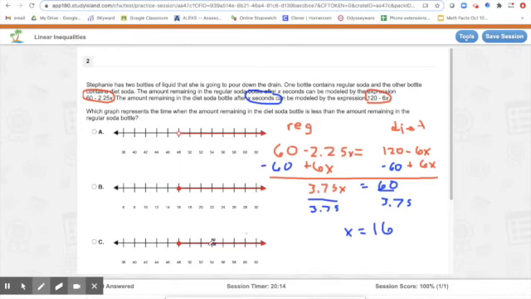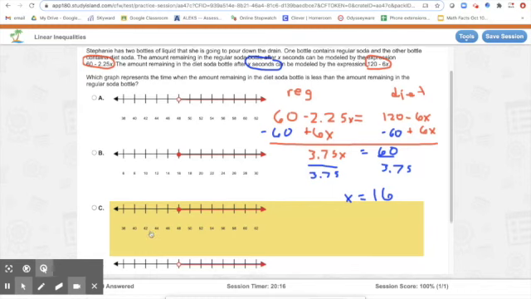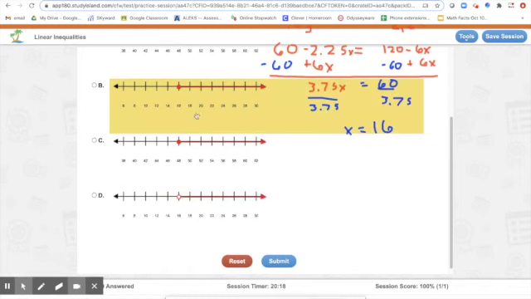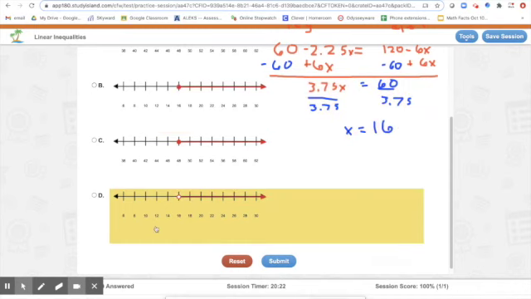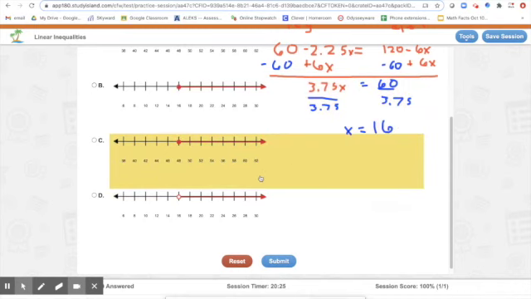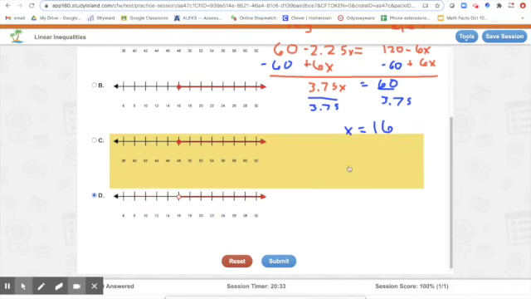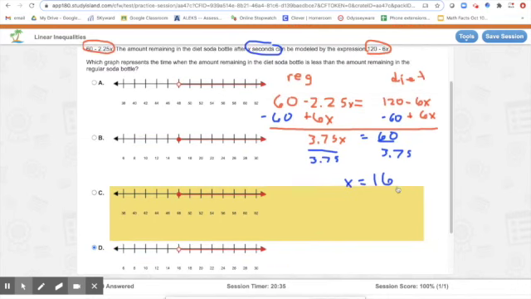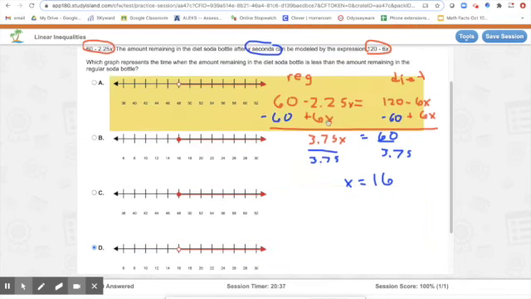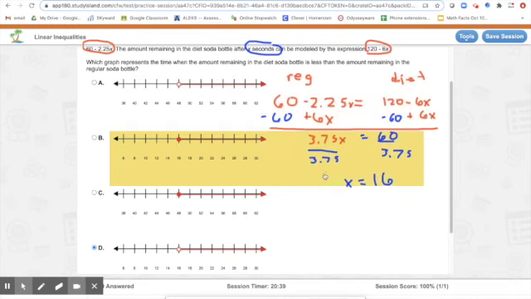At 16 seconds, they're going to be even, so we can't have the closed circle at 16. That's the difference between B and D when we're looking at this. Since they're equal at 16 seconds, we need the open circle, and then anything after 16 seconds, the diet soda is going to have less remaining in it.